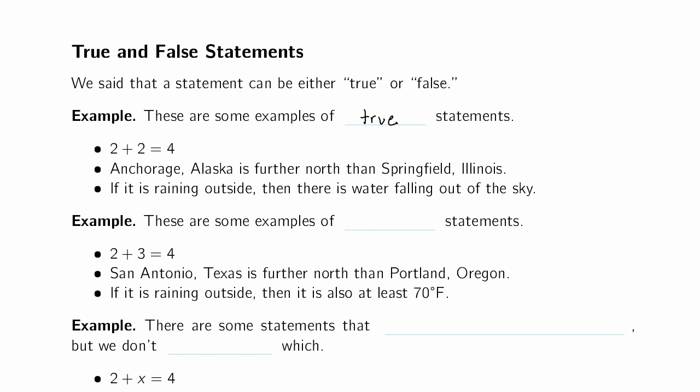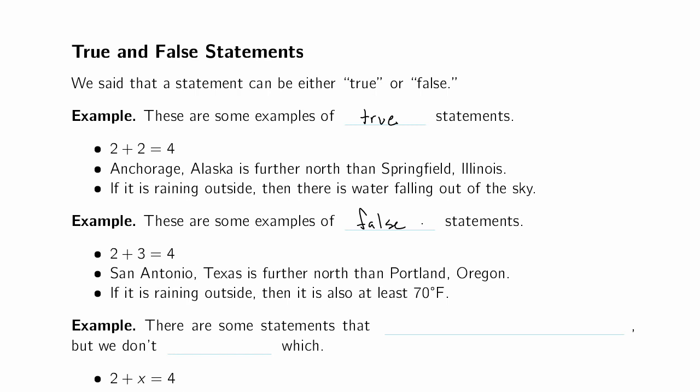There are also false sentences. 2 plus 3 equals 4. 2 plus 3 definitely does not equal 4. It equals 5, right? That's false. San Antonio, Texas is further north than Portland, Oregon. That is false, right? San Antonio, Texas is on a further south line of latitude than Portland, Oregon is.